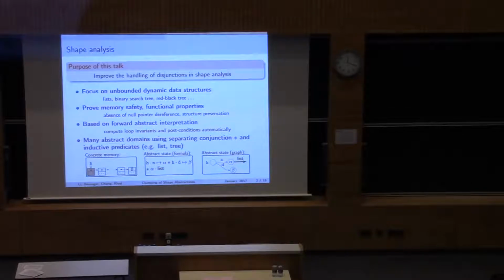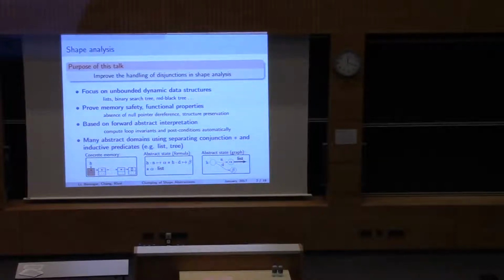Many of such analyses build abstract domains using separating conjunction and inductive predicates like list predicates and tree predicates. An example is a concrete memory with a concrete list that, from a pointer h, can be abstracted by the abstract state, which is a separating conjunction formula.